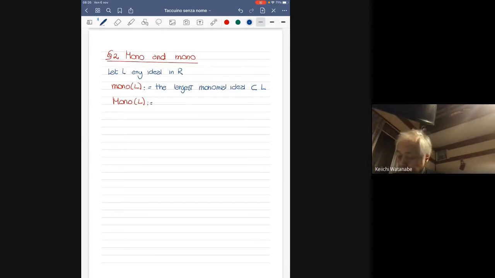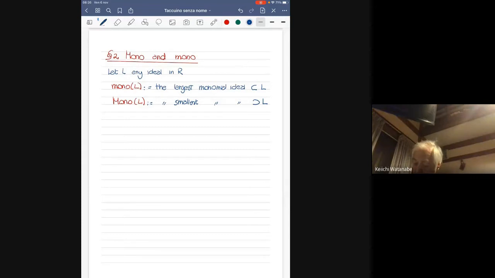And this one instead is, sorry, the smallest, not the largest, the smallest monomial ideal containing L. Okay?